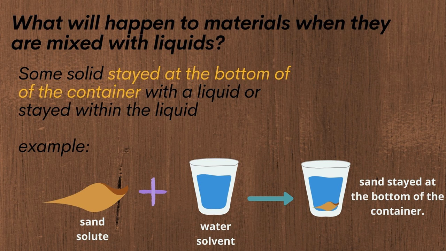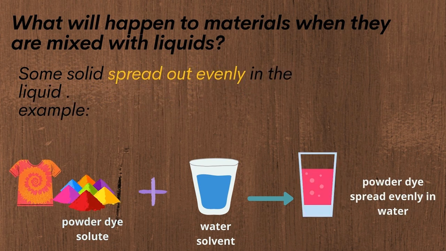Okay, next, there are also some solids that will spread out evenly in the liquid. So, sasama lang siya sa liquid evenly, pantay na pantay. Kakapit siya sa water. One example is powder dye. Ano yung powder dye? Yan yung ginagamit na pangkulay ng inyong mga damit. In EPP, pagka nagkakaroon kayo ng project, pag gusto nyong kulayan.